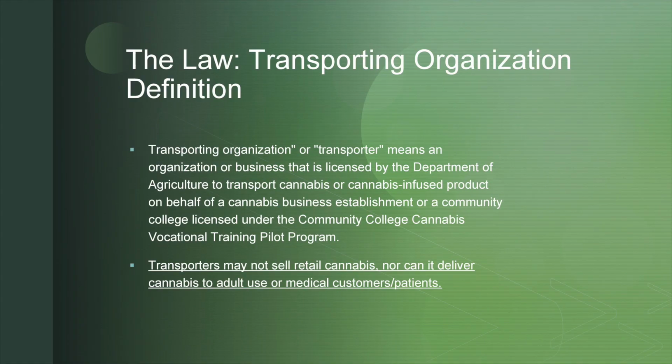Now, this is a common misconception that I've heard a lot in this application process, which is, okay, we're going to get the application, we're going to win, and we'll be able to grow in 14,000 square feet of canopy space immediately. That is an incorrect assumption. You'll be able to start at 5,000 square feet and incrementally move up till you get to 14,000, which may take some time. Now going into the law definition of what a transportation organization means.